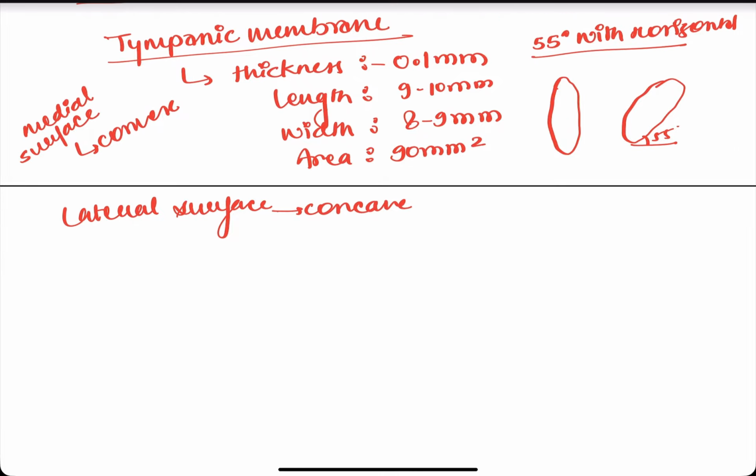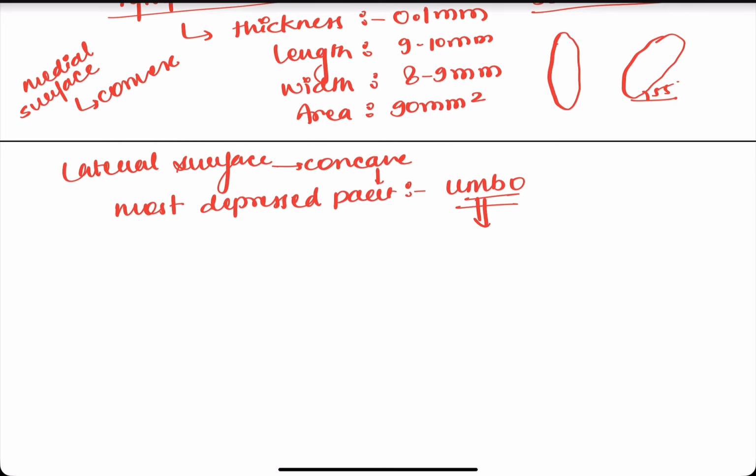The most depressed part of the concave surface is the umbo. What is the umbo? The umbo is where the lateral process of the malleus is attached.